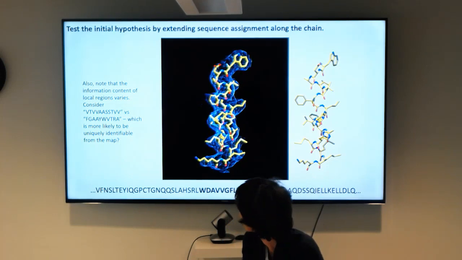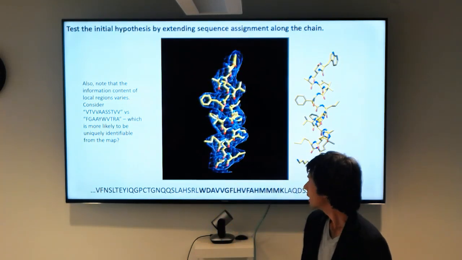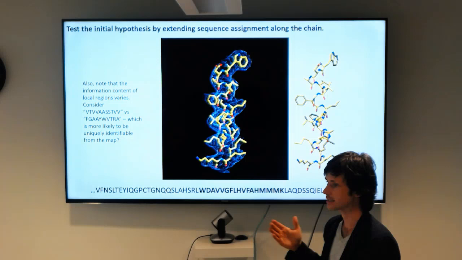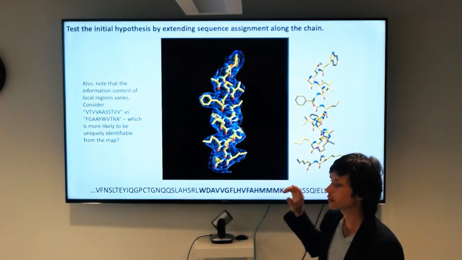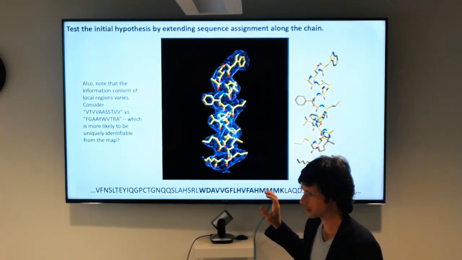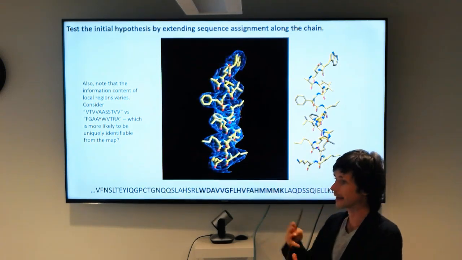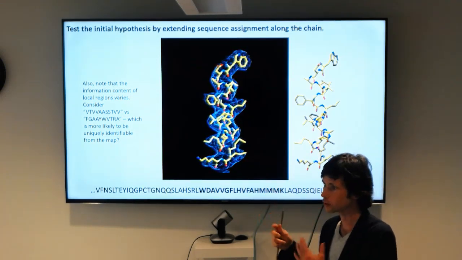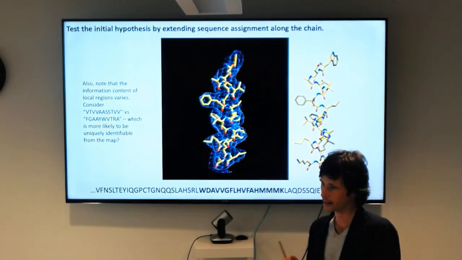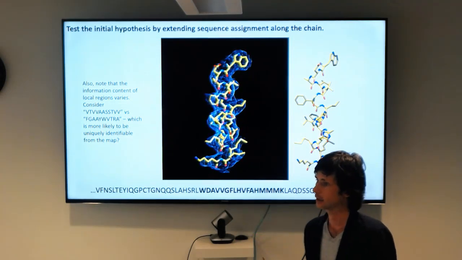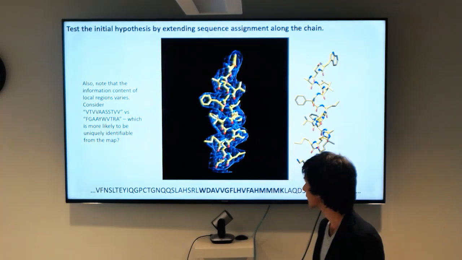So this is an example: if you had a sequence like VT, VVVV, all of those look more or less the same at low resolution, so you can't tell that. Whereas if you have something like FGAY, you already know that even at 4 angstroms, you're going to be able to see that and hopefully uniquely identify it.